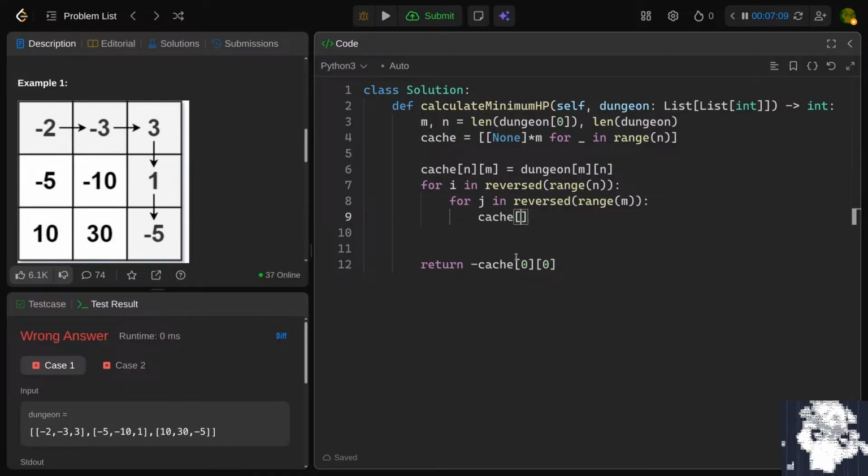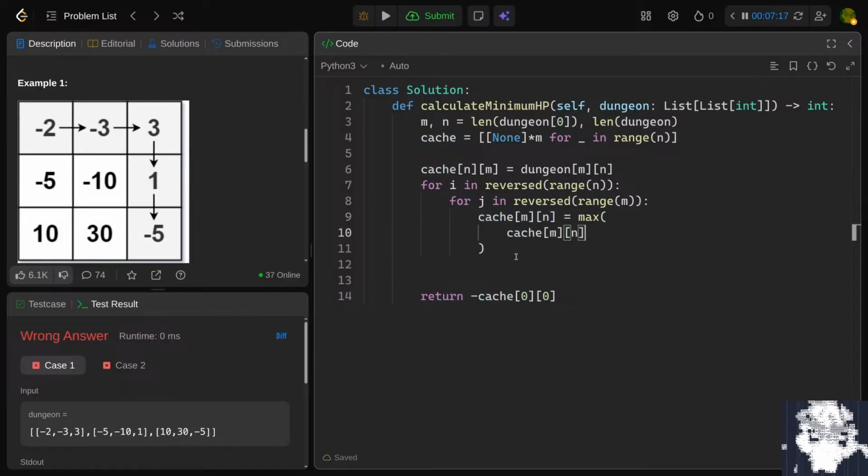So cache of mn is equal to whatever's highest between this and this, the one to the right or the one below.